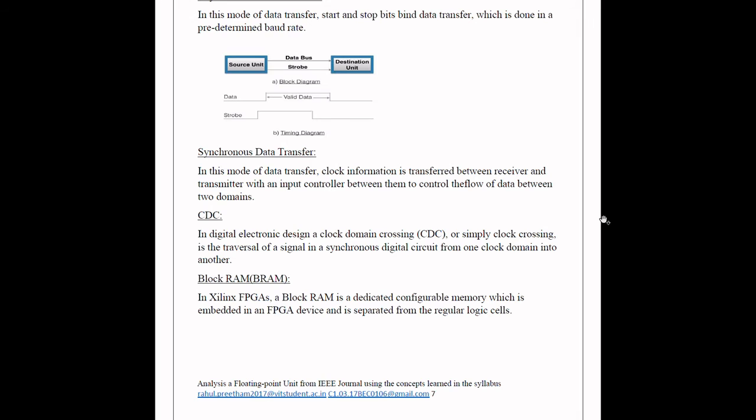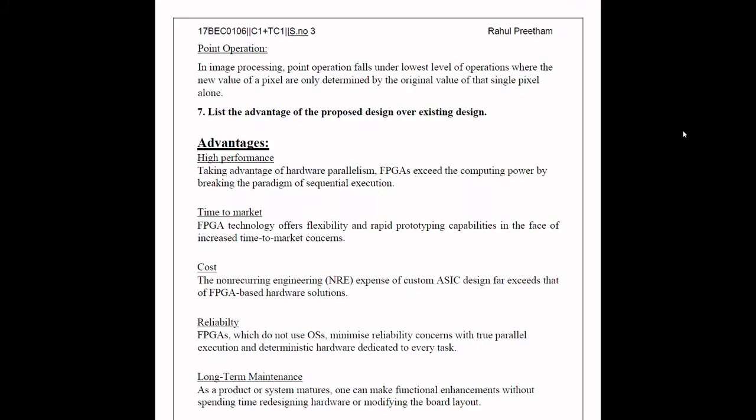The next is the block RAM, also known as BRAM. In Xilinx FPGA, a block RAM is a dedicated configurable memory which is embedded in an FPGA device and is separated from the regular logic cells.